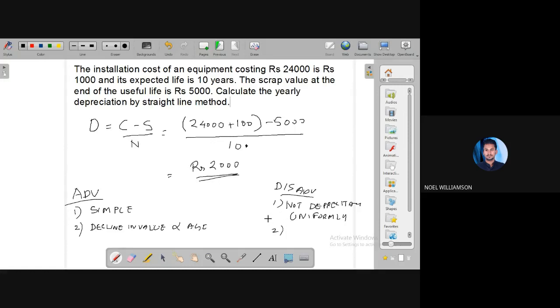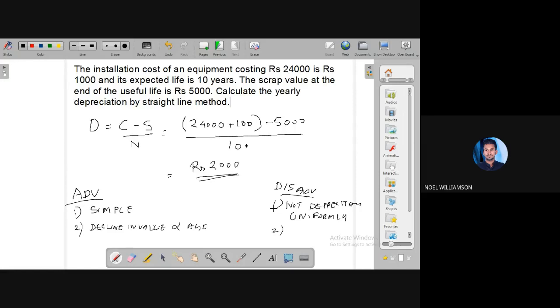Also, the repairing cost: as time passes, there are more and more chances of failures. So the repairing cost or the maintenance will increase with the passage of time. The depreciation also depends on that, so that may also vary yearly.